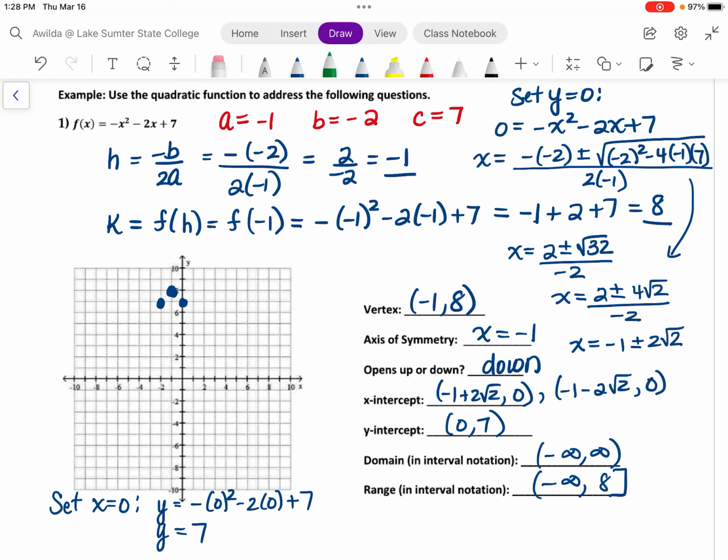I should always add the axis of symmetry as a guide because a lot of these points can be found by looking at the reflection. Now, for the x-intercepts, -1 plus or minus 2 square root of 2 is actually pretty difficult to estimate by sight alone. So let's find what that is as a decimal.